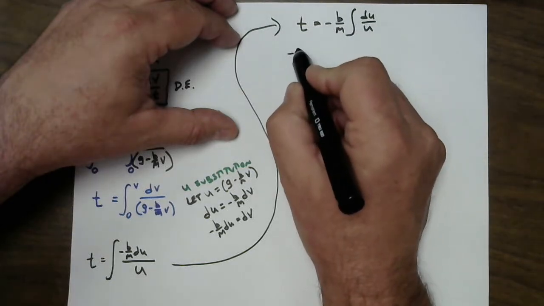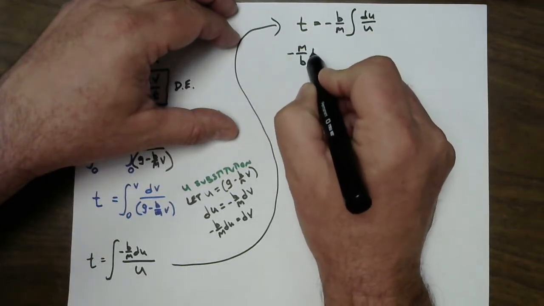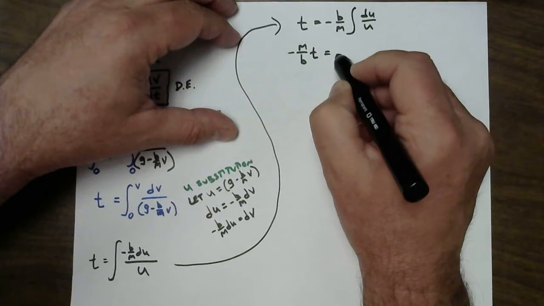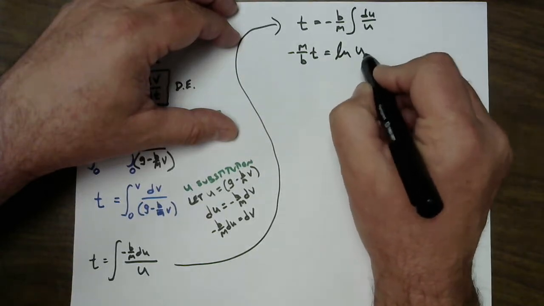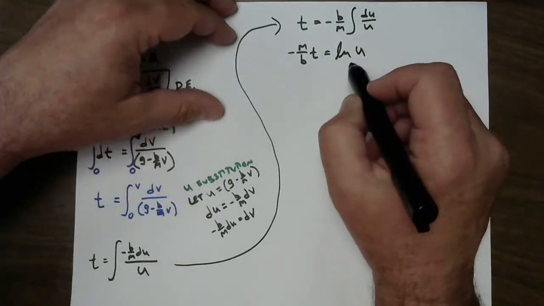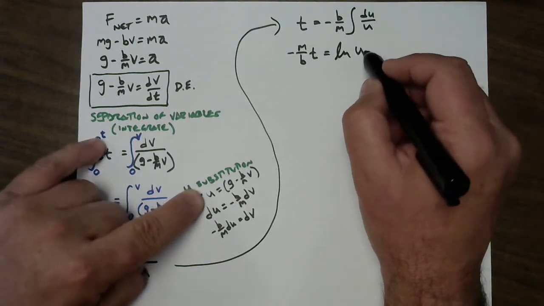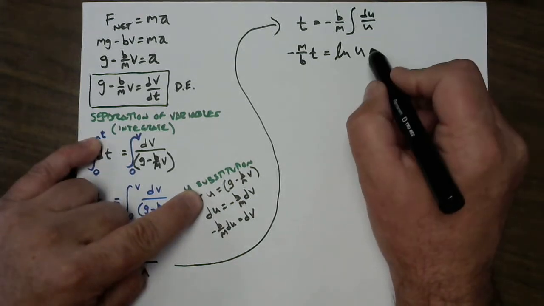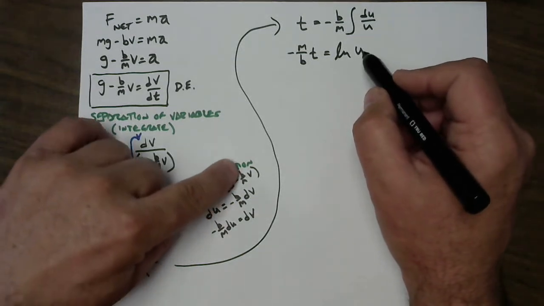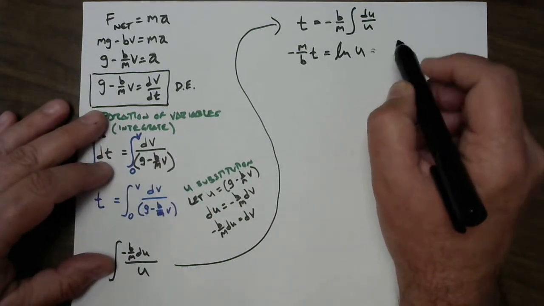So let's move this to the other side, minus m over b now times t. And on this side, we're going to have the natural log of u. But u is something that we know, so we can put that back in, and then we can put our limits of integration back in, because if we get rid of u in favor of v, we can put our limits of integration back in.